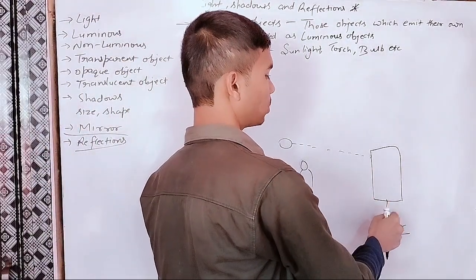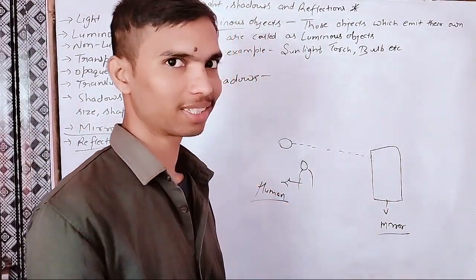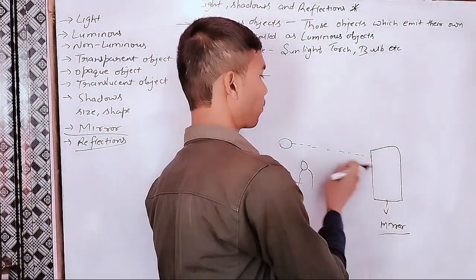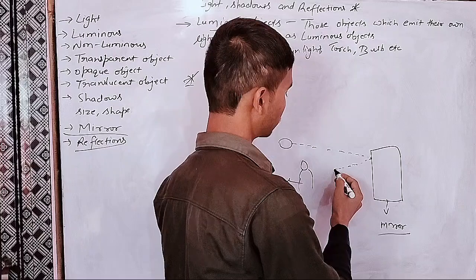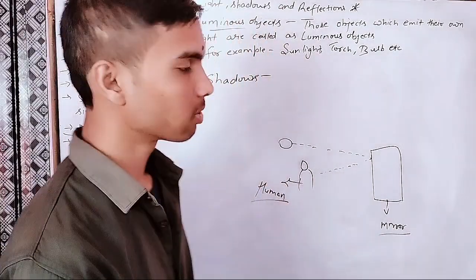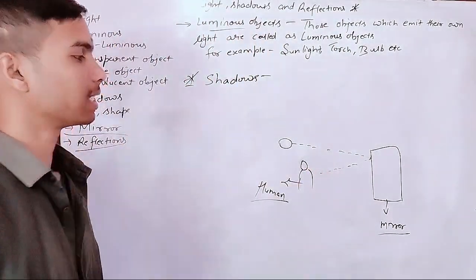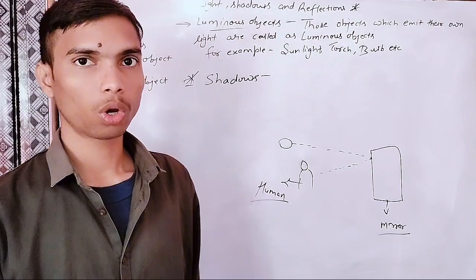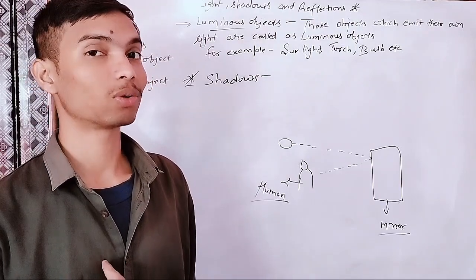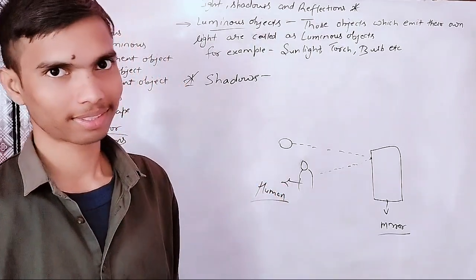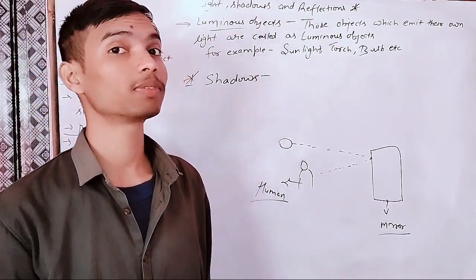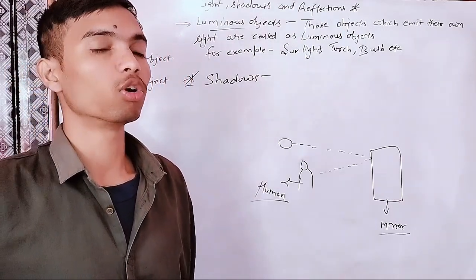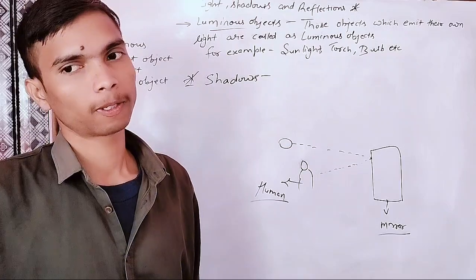Already we know this mirror is an opaque object, so of course this falling light will turn into another direction like this. This reflected ray is coming onto the surface of us, this person. So a person is also an opaque object. Already we know a person is also an opaque object.